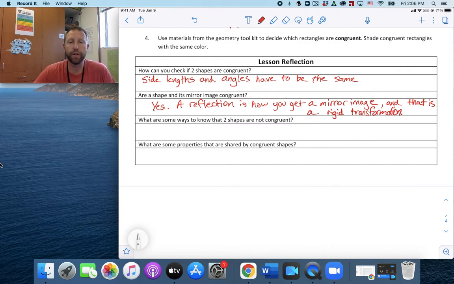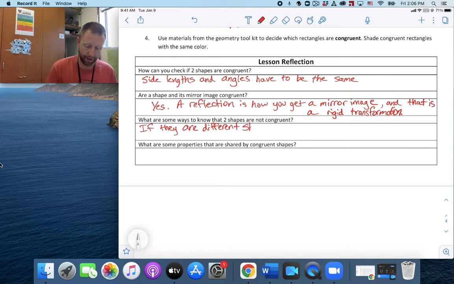What are some ways to know that two shapes are not congruent? Well, if they have different side lengths or different angles, right? Or if they just look different. If they don't look like the same shape. So let's put that down first. If they don't even look like the same shape, obviously they're not congruent.